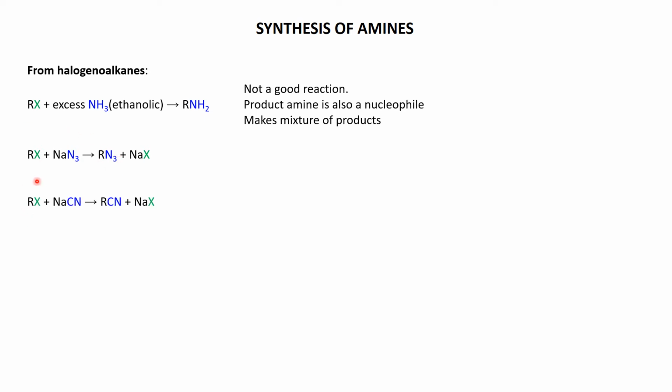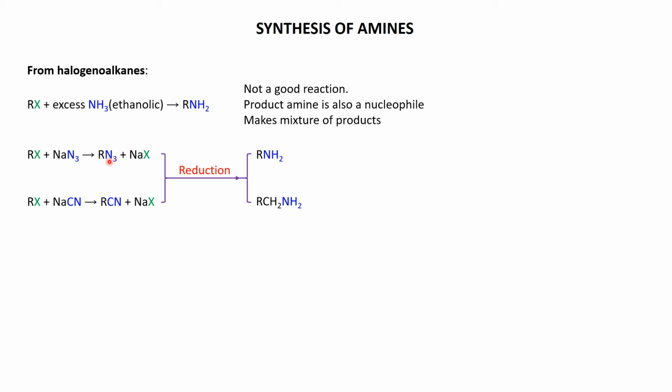Or we can react the halogenoalkane with cyanide to make a nitrile, and of course we saw that in a previous module. So you can actually introduce a carbon-nitrogen bond into an organic molecule by either reacting with N3, so you get the R bonded straight to the nitrogen there, or bringing in the cyanide, which of course already has a carbon-nitrogen bond.